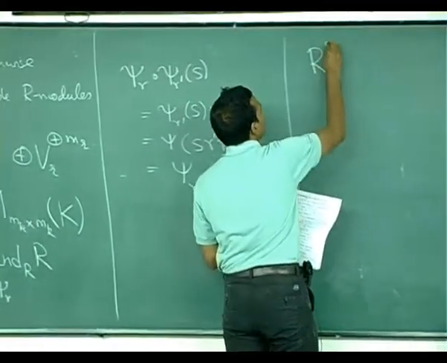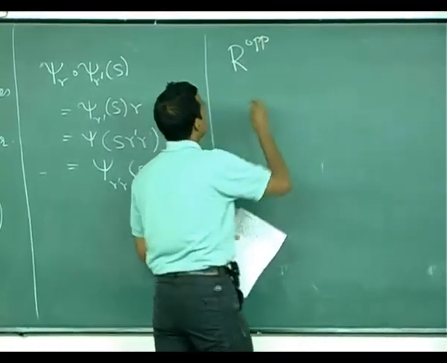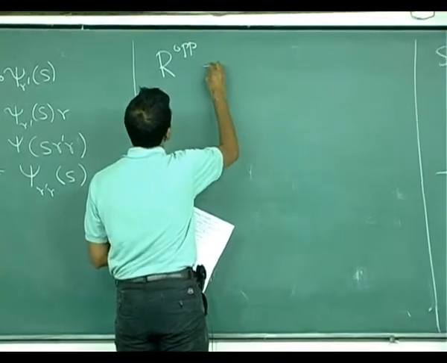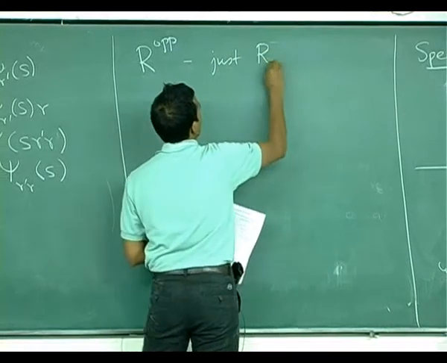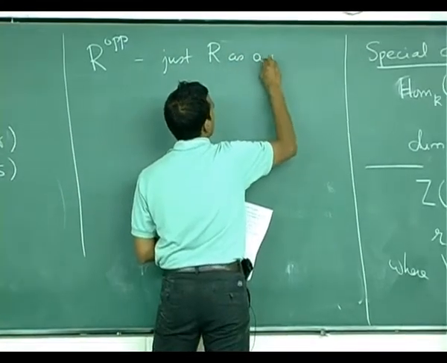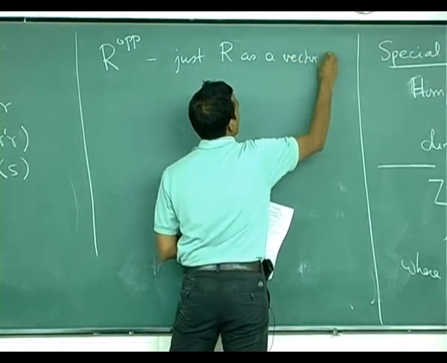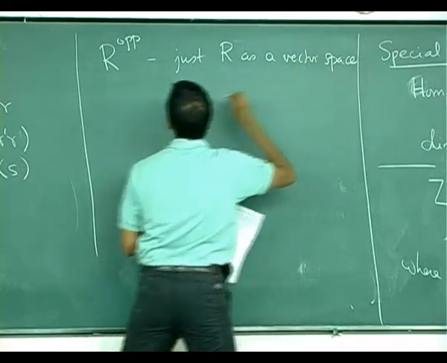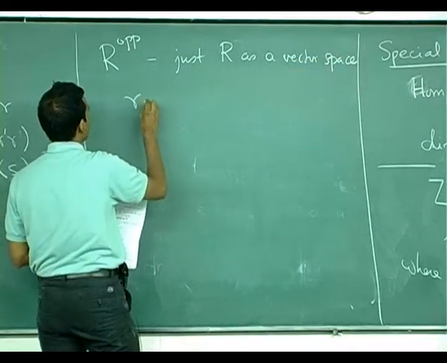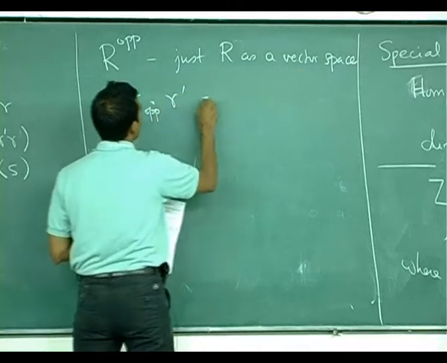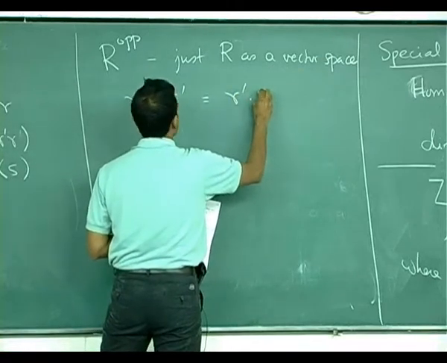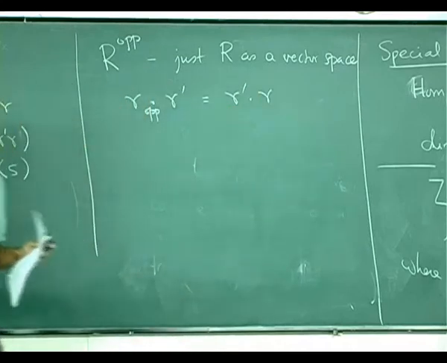So you have this thing called the opposite algebra. As a vector space it is just R, but the order of multiplication is reversed. So r times r' in the opposite algebra is r' times r in the original algebra.